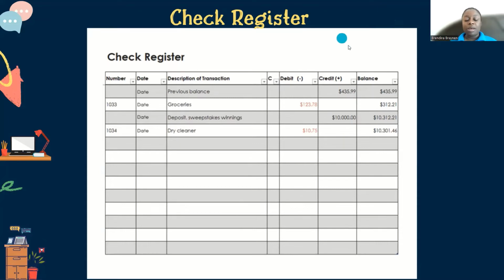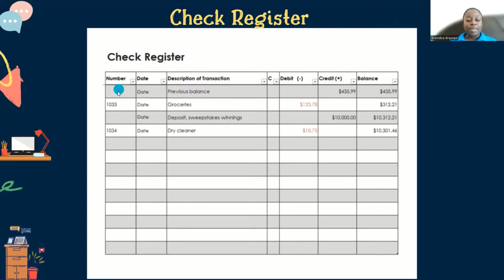And so every accounts department, whether it's manually, you're writing it on a piece of paper, or writing it in your checkbook, or you're putting it in the system, has a register of everything that's happening to their bank account. And that's called your check register.